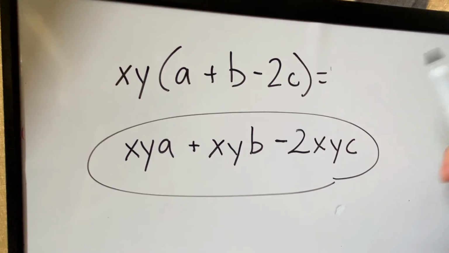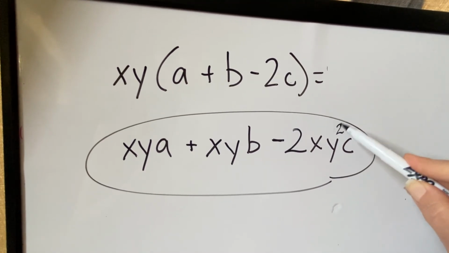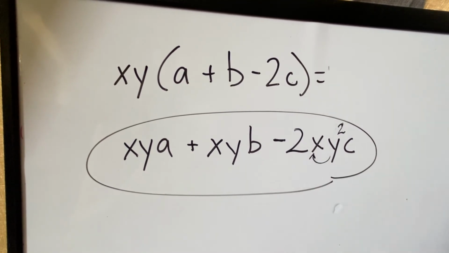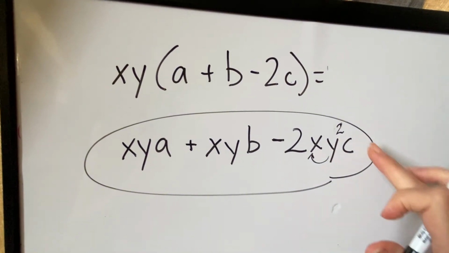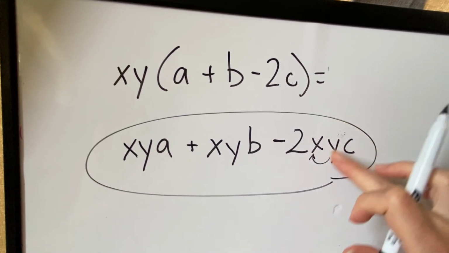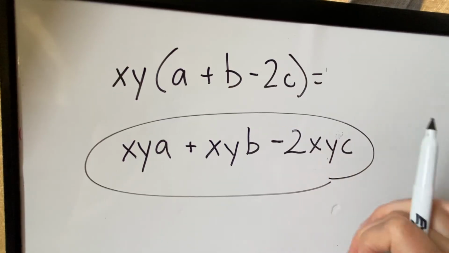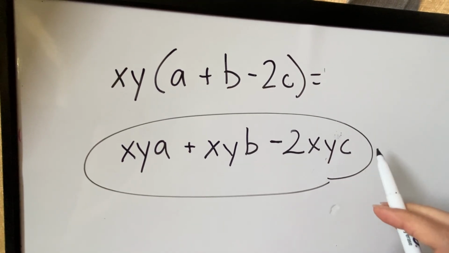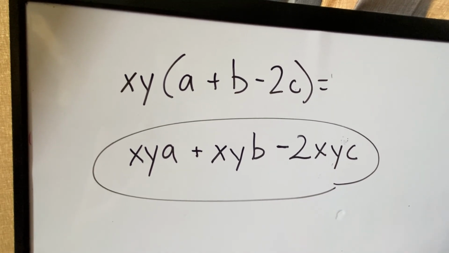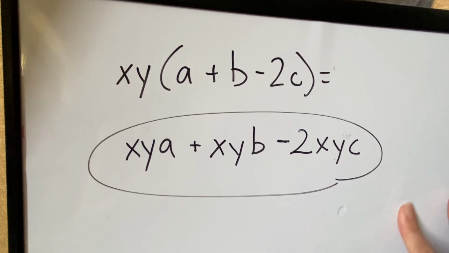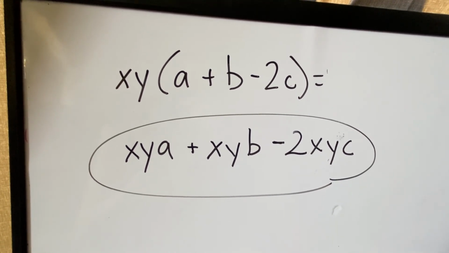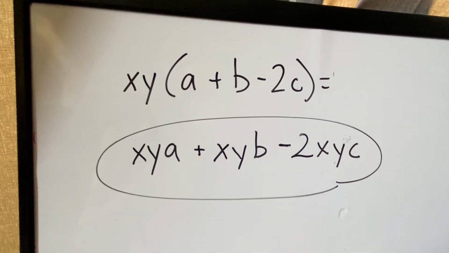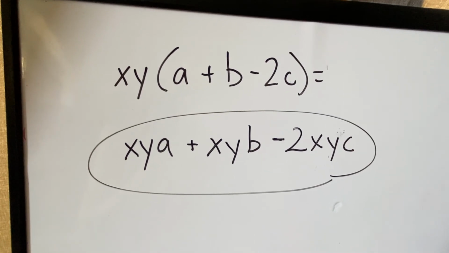Or if this was y squared, then maybe I would move it over here. But we can talk more about that as we go. But I just want you to know that it doesn't matter if this says negative xyc2, it's going to be the same thing, because it doesn't matter if you take 5 times 3 or 3 times 5, you're going to get 15 no matter what order it's in.